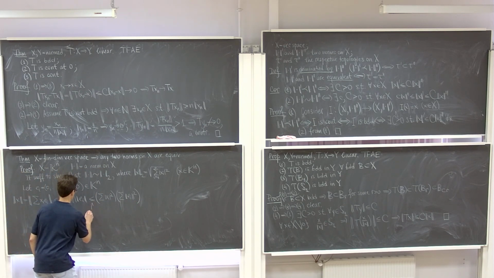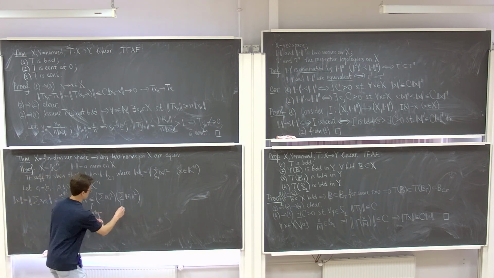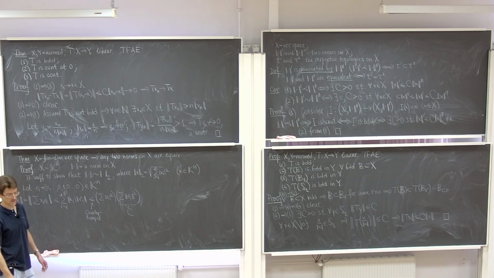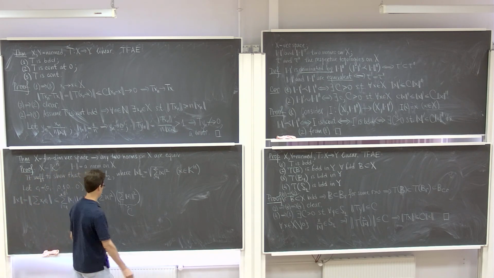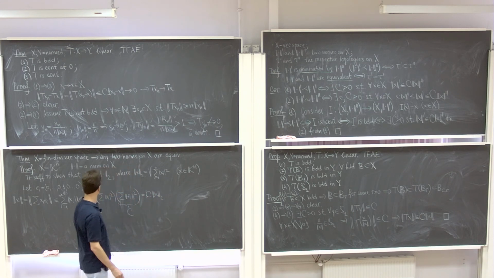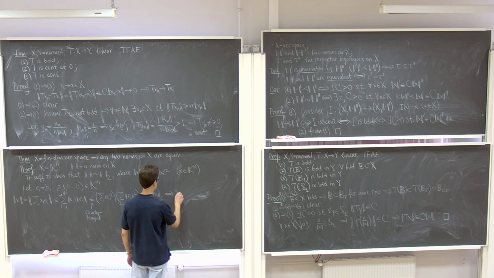And this is a constant. We don't know the exact value of this constant, but this is a constant. And so we see that this is c multiplied by the Euclidean norm of x. And this chain of inequalities implies that our abstract norm is dominated by the Euclidean norm.